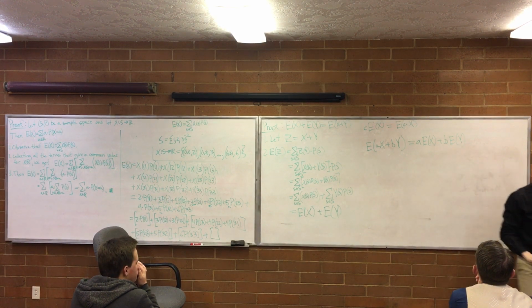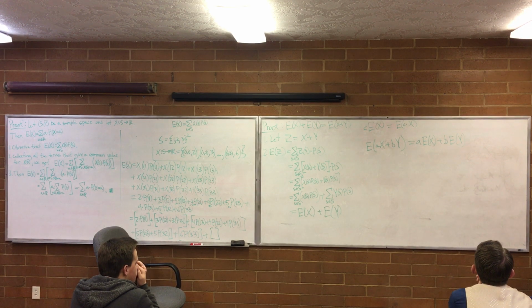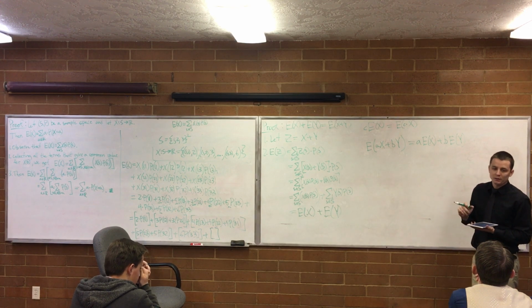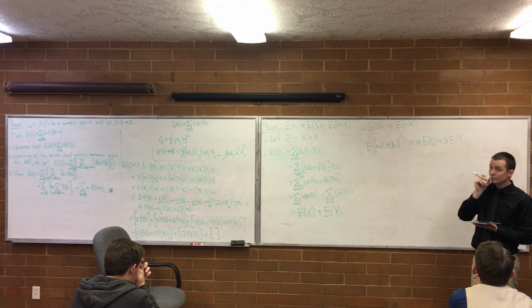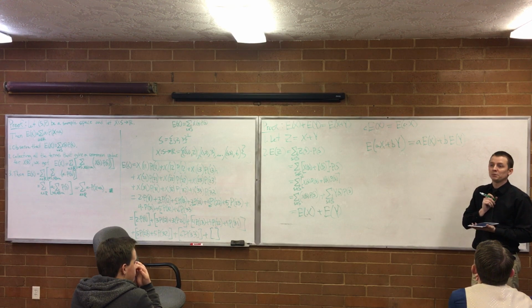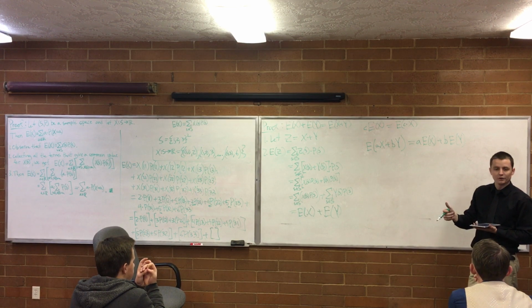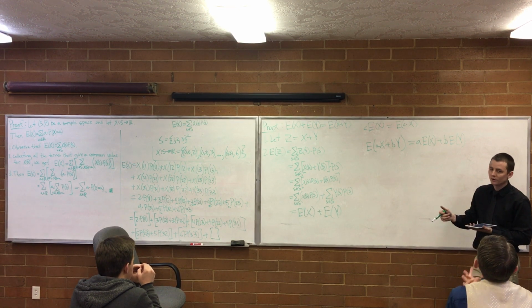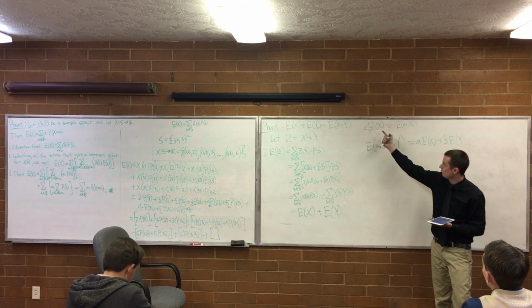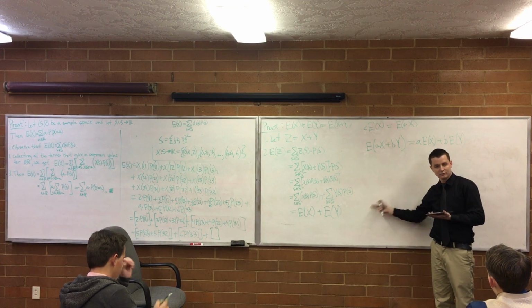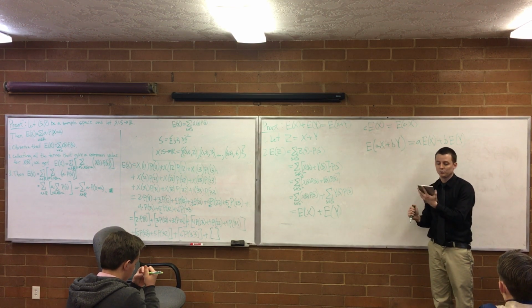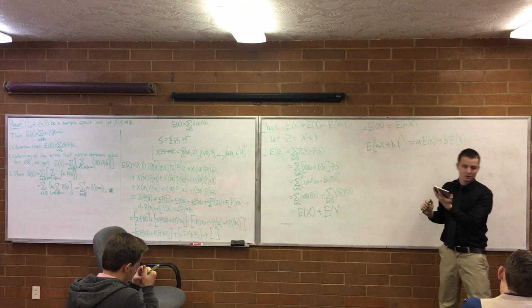We can think about that as a success or failure: 1 if it was a success, 0 if it was a failure. So maybe we set up a game where you win if you flip heads, you lose if you don't. So it's either success or failure each time. We could create a random variable that gives you 1 if you flip heads, 0 if you don't. That's what we call a 1, 0 random variable.